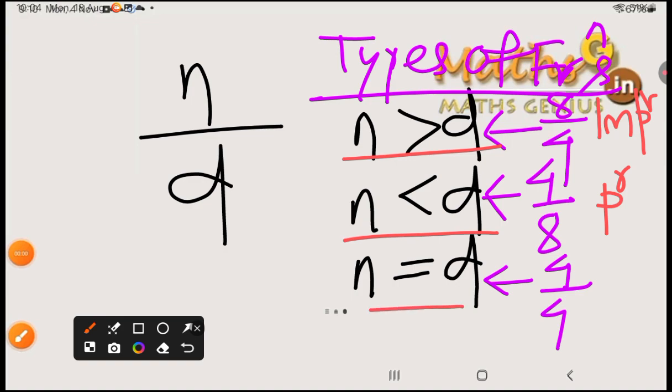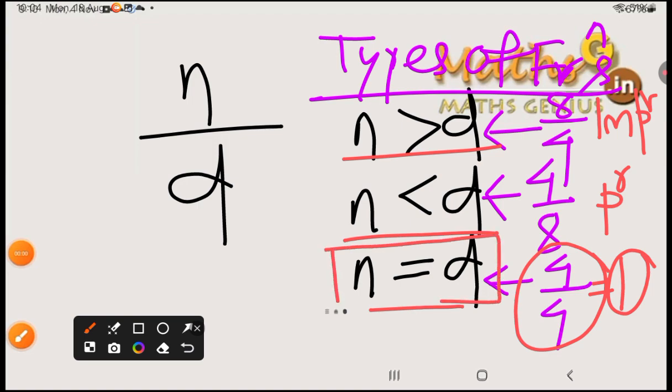When the numerator is equal to the denominator, we call them whole numbers. It is no more a fraction. 4 by 4 becomes 1, which is a whole number. So, whenever the numerator is equal to the denominator, it is no more a fraction.